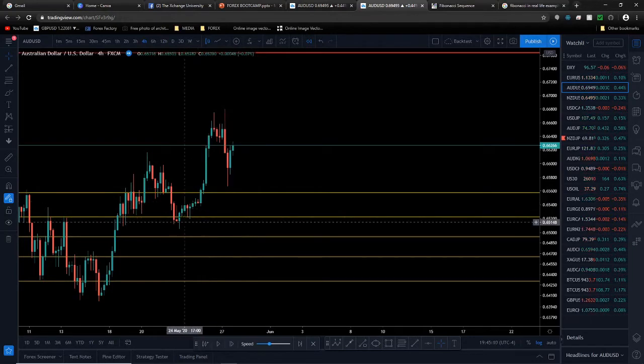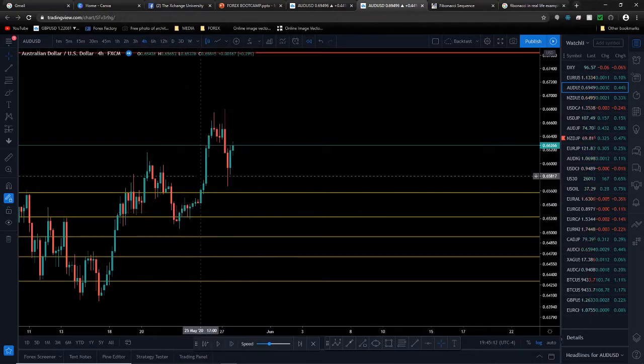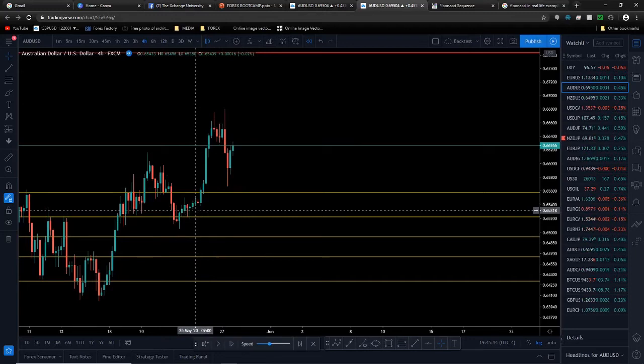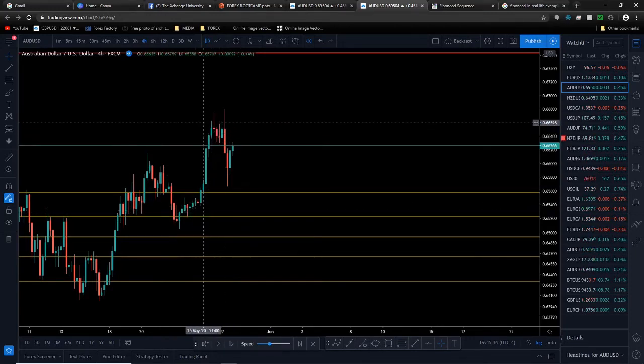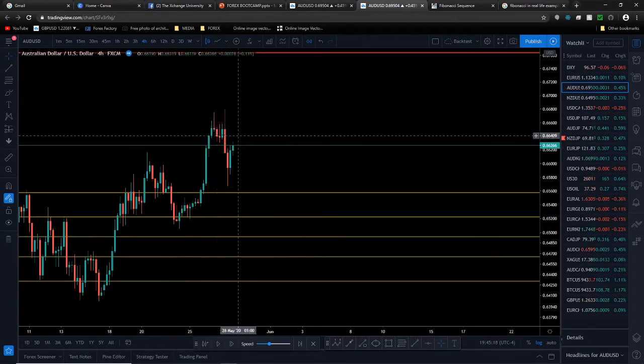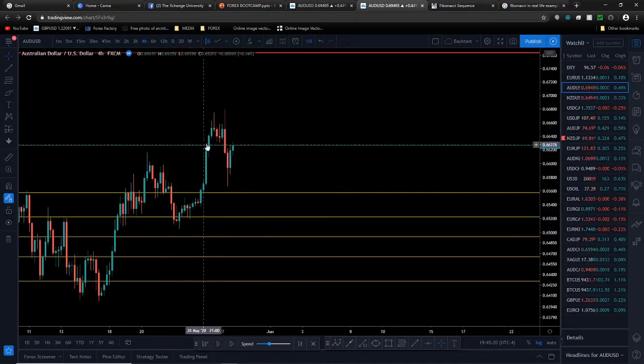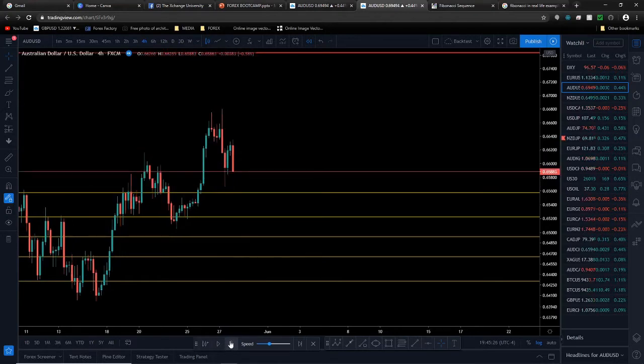Typically what I do, once I'm in profit, I will look for additional positions. So I may take a partial profit here and leave the rest of my trade on. And then I'll wait for a nice pullback like this, and then I'll get back into the market with low risk.